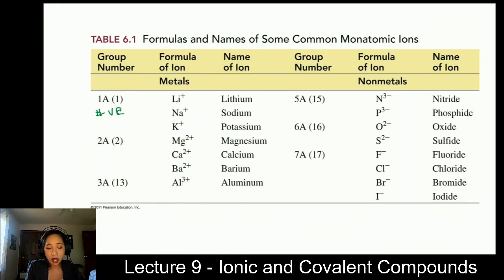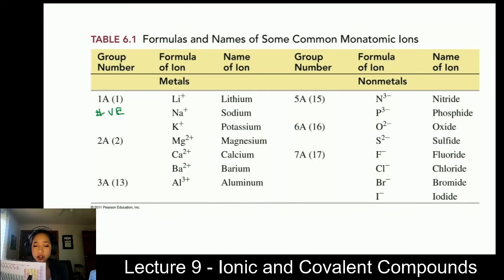Versus you look at the nonmetals over on this side, these are groups 5A, 6A, and 7A. These have 5, 6, and 7 valence electrons respectively, and instead of losing electrons, these elements will more likely gain electrons to achieve that full valence shell, that noble gas configuration. So for example, nitrogen, which is in group 5A, there are 5 steps to the closest neon.